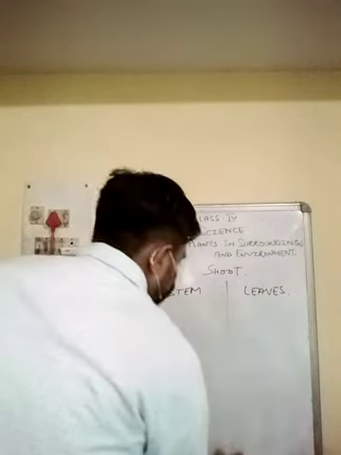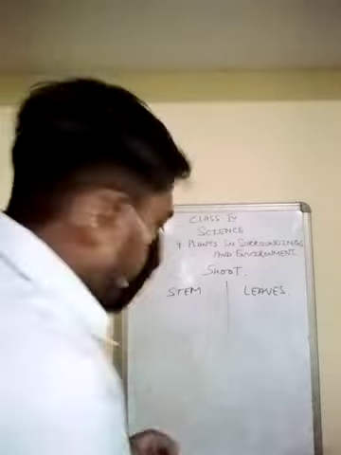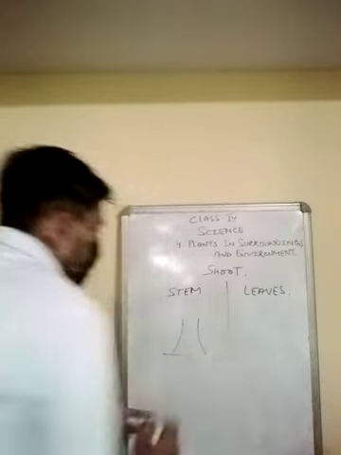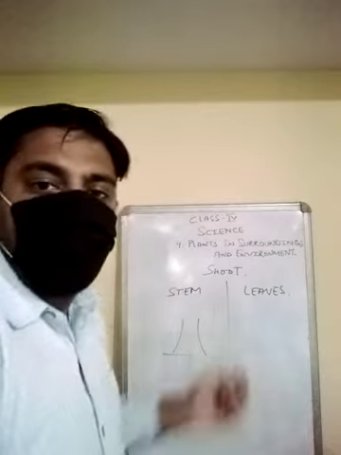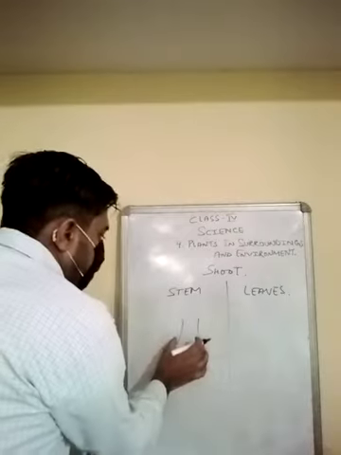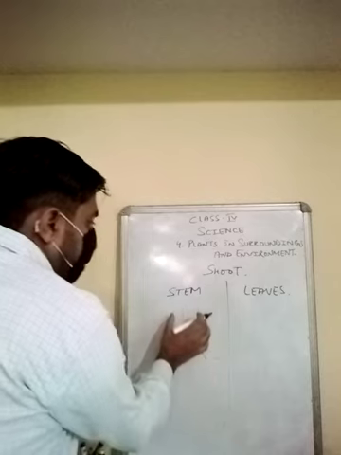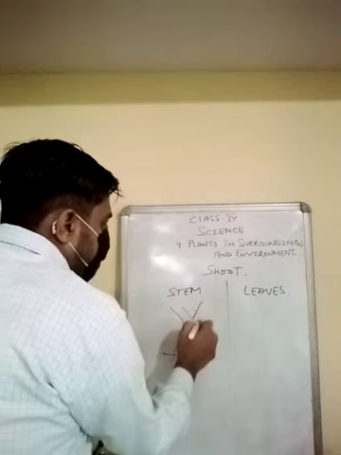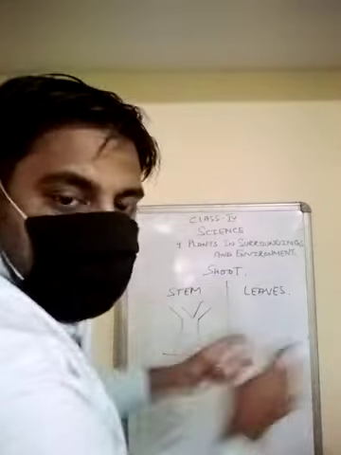Stem and leaves. Now as most of you know, stem is the central part of any plant or tree, right? Stem is the main part which grows above the ground, and from this only the branches, leaves, fruits, everything grow up.